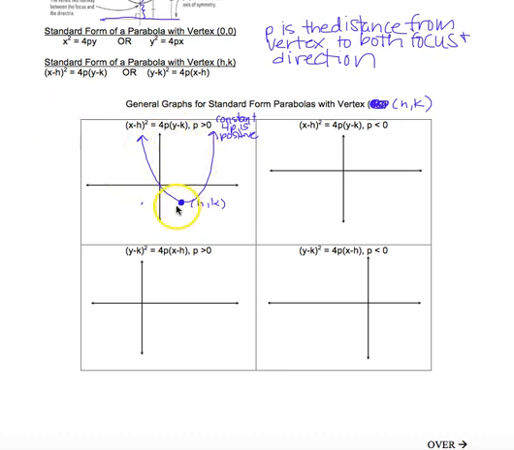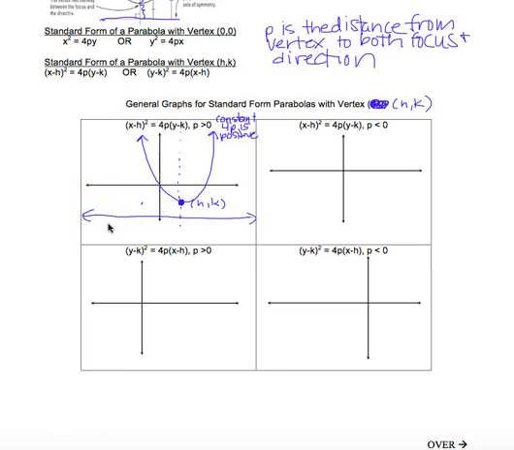When I have this type of parabola, I know that the focus is going to be inside, so it's going to be up, and the directrix is going to be on the outside, so it's going to be down. Because remember, the directrix, if you draw the axis of symmetry, which would be right here, the directrix has to be perpendicular to that. So in this case, it would be a horizontal line.